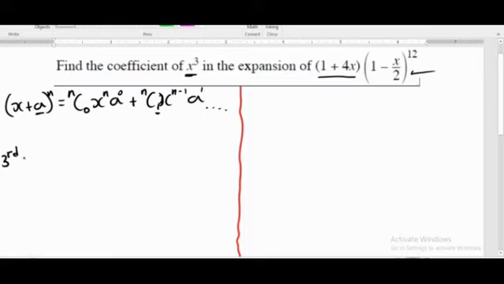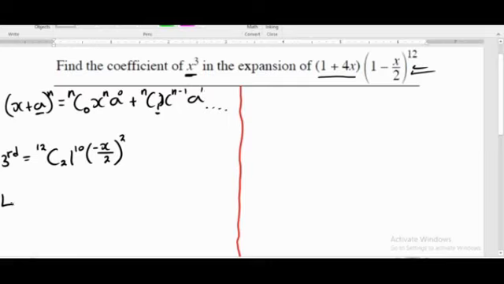The third term, according to this expansion, is going to be 12 combination 2, with 1 raised to the power of 12 minus 2, that is 10, then minus x divided by 2 raised to the power of 2.